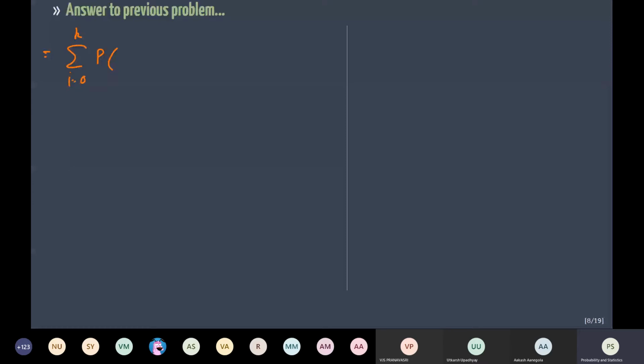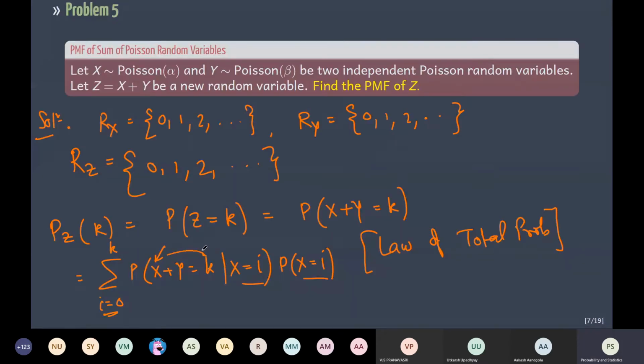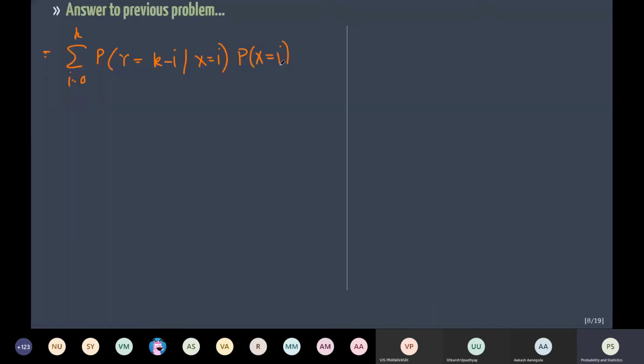So X for the moment is I. In each term, I have I equals 0 to K, and X is given to be this. So I can fix X to be I here, and I can move that I here. So that will give us the probability that Y is equal to K minus I, given that X is equal to I, times the probability that X is equal to I.